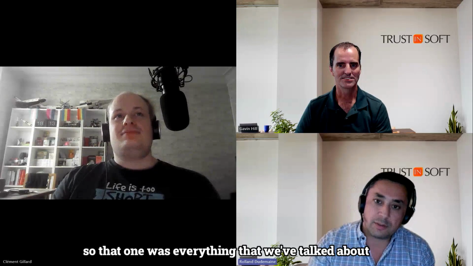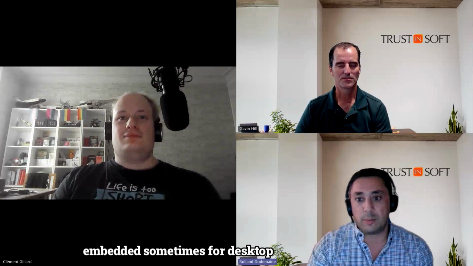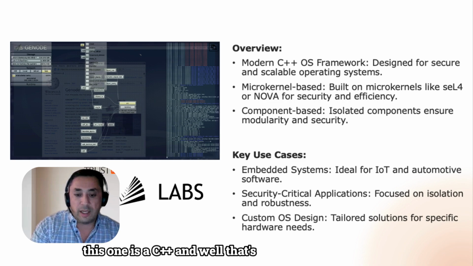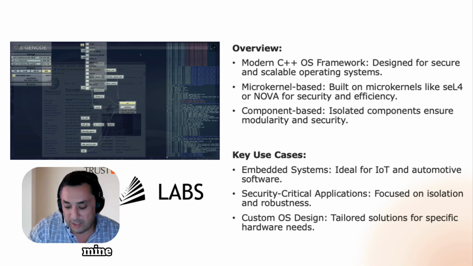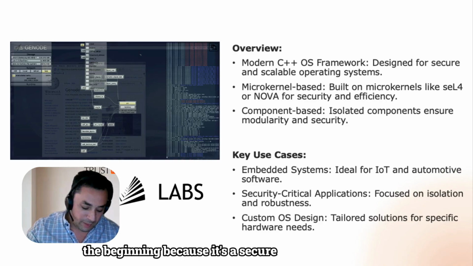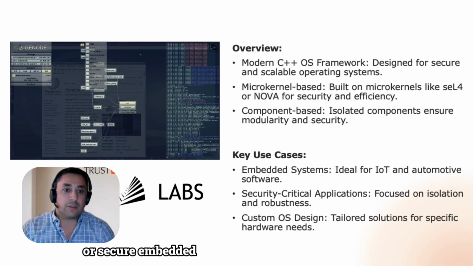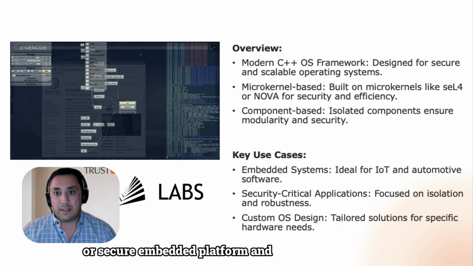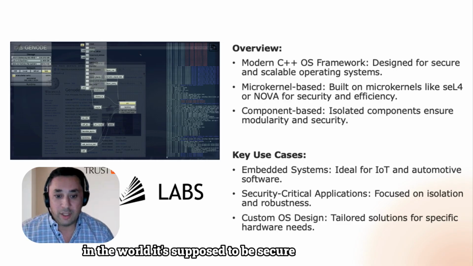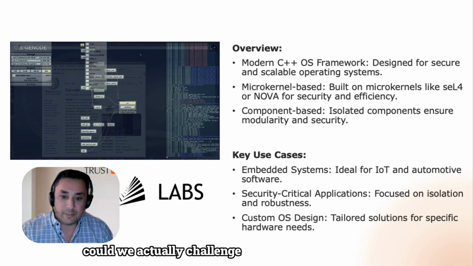So Gnode is a little bit different again. Everything that we've talked about so far was C code, sometimes embedded, sometimes for desktop or servers. This one is C++. And that's another pet peeve of mine: I have been following Gnode since the beginning because it's a secure desktop platform or secure embedded platform. And because it's in the words, it's supposed to be secure. The question is, could we actually challenge that?